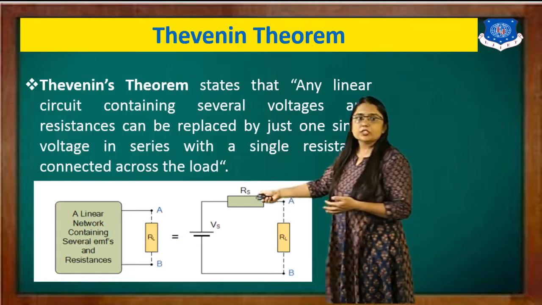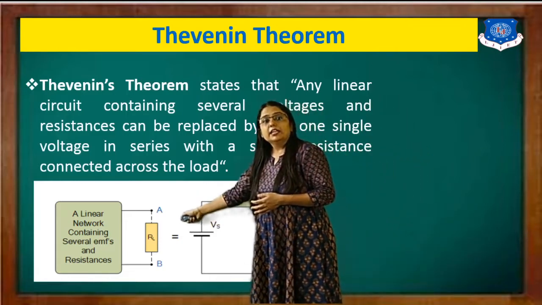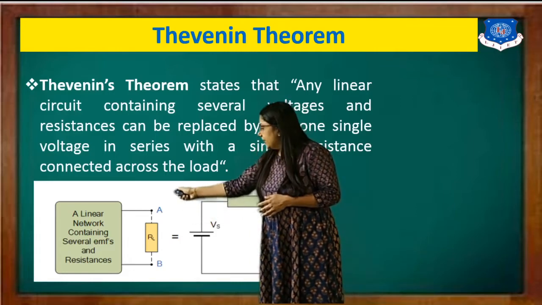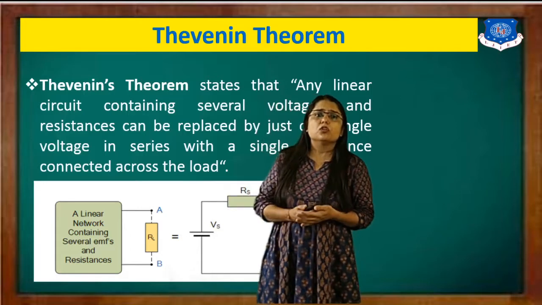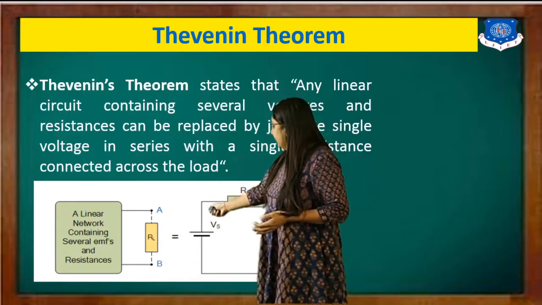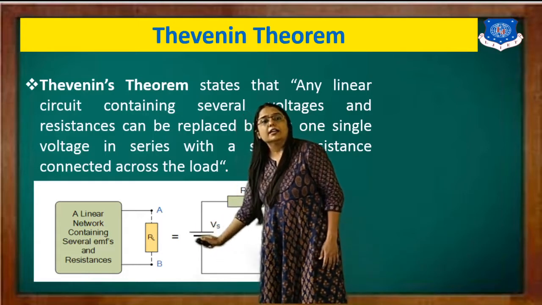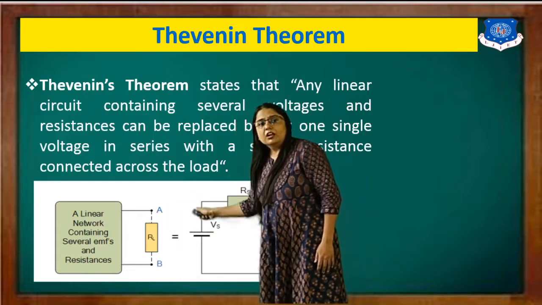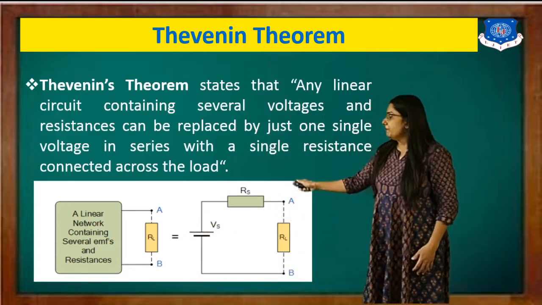For that, first consider any linear circuit. That circuit will contain voltage sources, current sources, or several resistors, and then we have our load resistance RL. Then we can convert this complex network into this simple network.